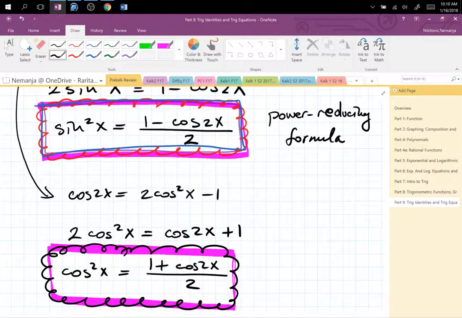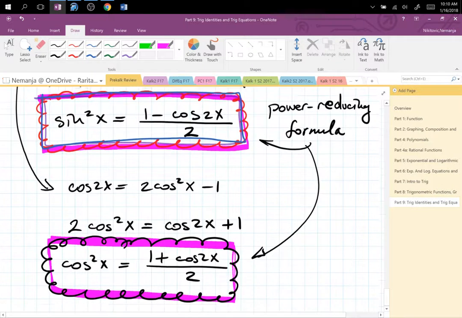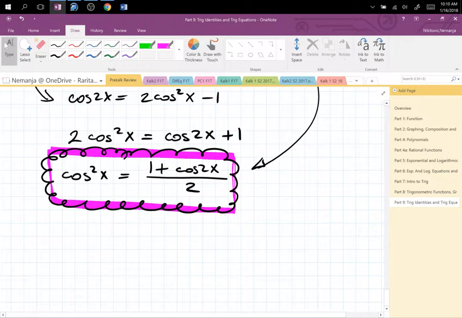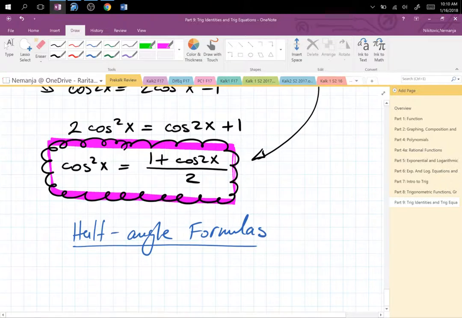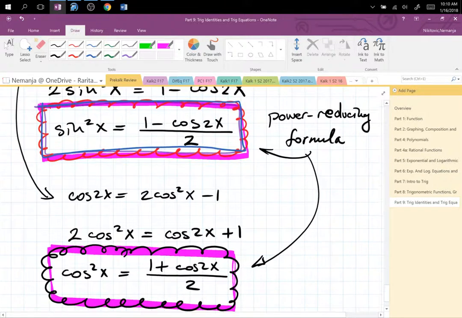Now these formulas are very rare, but they exist. So let's take a look at half angle formulas. These are listed, and they might show up, but again, they're not that crazy important.